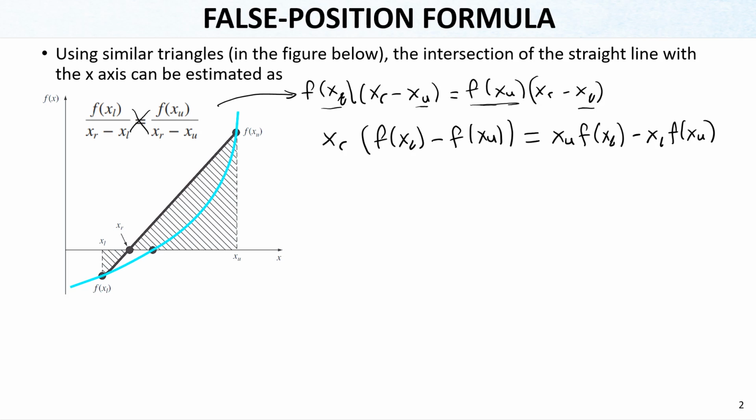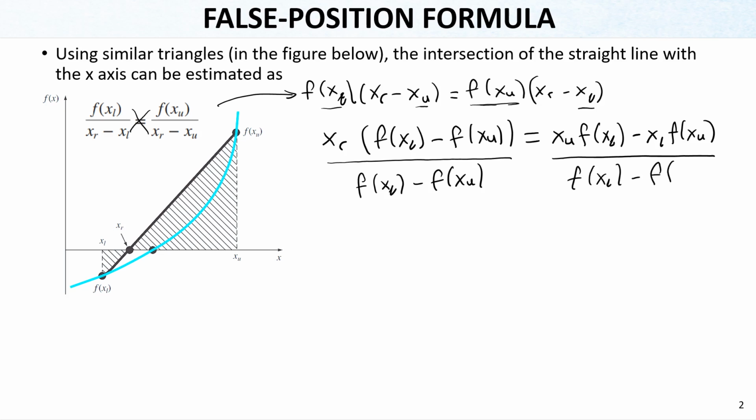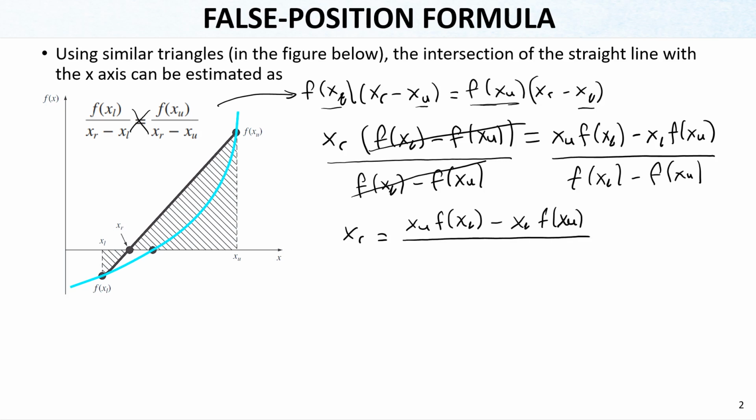Let's divide by this value here, because we want to isolate xr. If we divide both sides by f(xl) minus f(xu), these will cancel out, then xr is equivalent to xu f(xl) minus xl f(xu) divided by f(xl) minus f(xu).